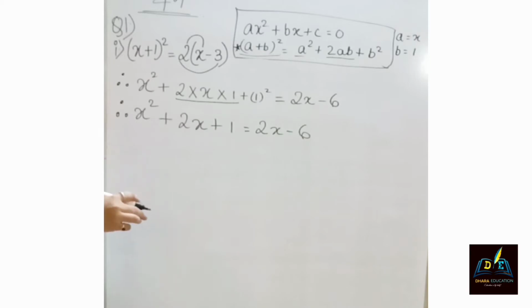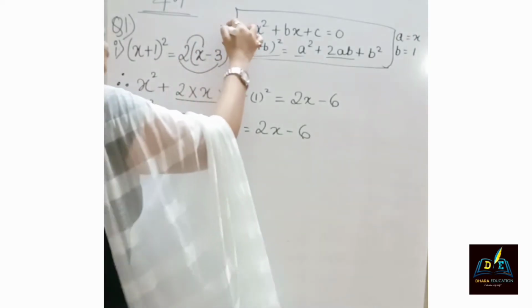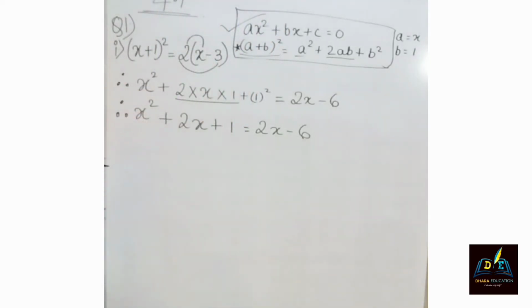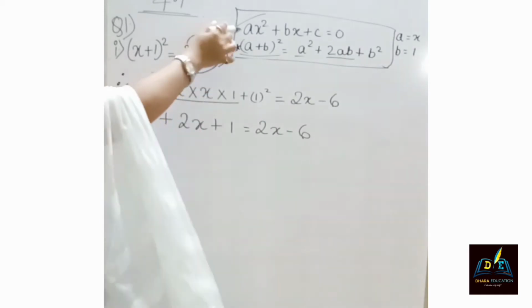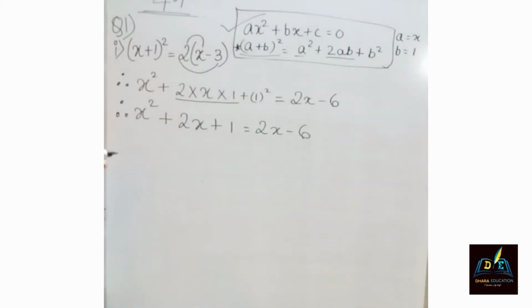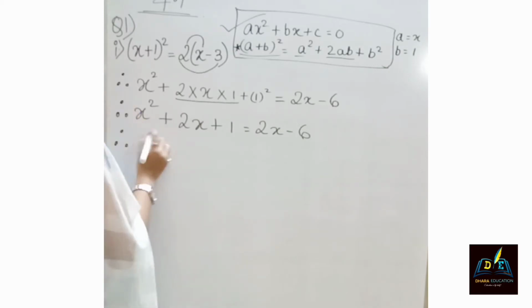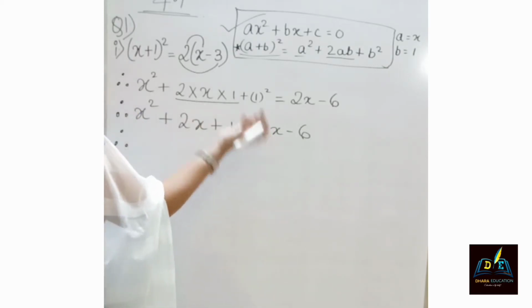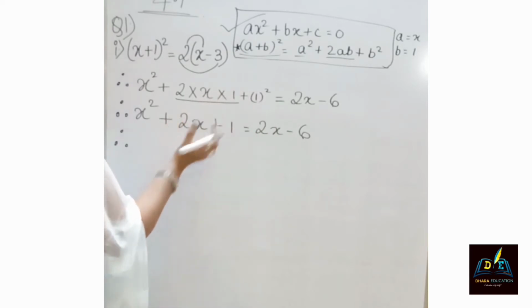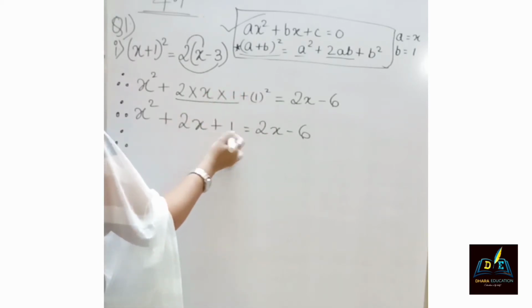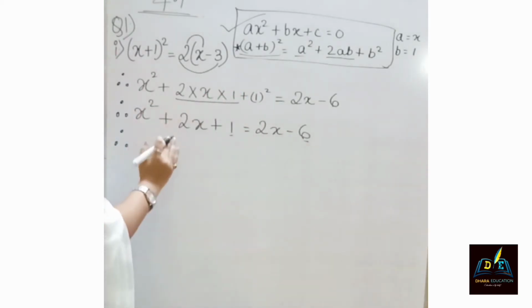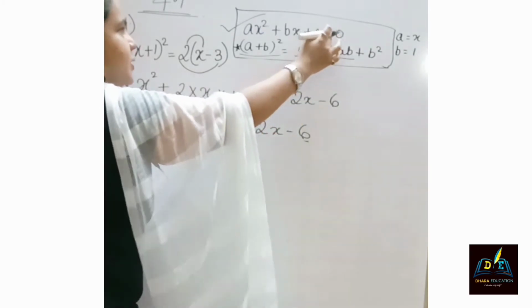Now we need to make it in the standard form. Our standard form is ax square plus bx plus c is equal to 0. So our next step is to include all the variables and the constant numbers on the left side, and we will use is equal to 0.